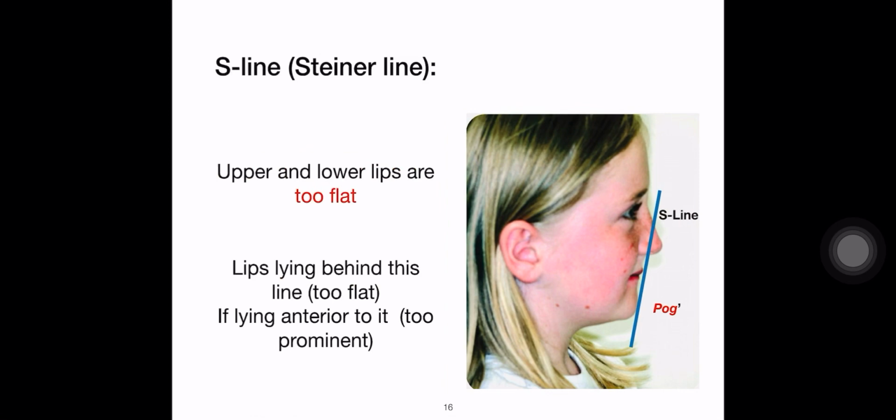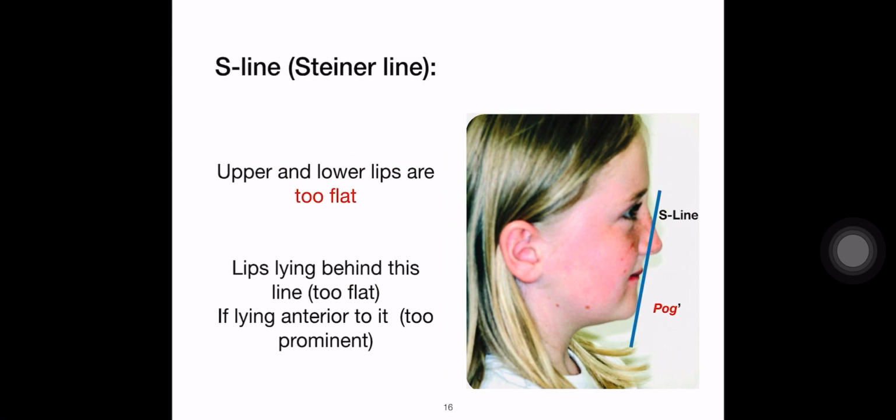This line we can define by drawing a line from the columella to the midpoint between the pronasale and subnasale.